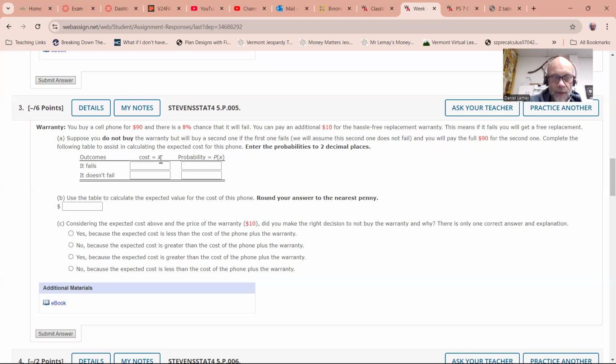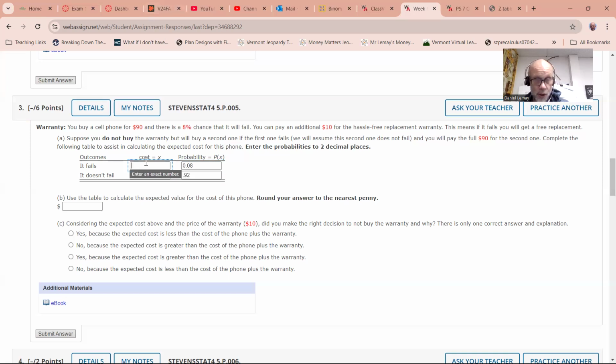So if it fails, let's just talk about this. If it doesn't fail, I only have to buy the phone once, and the probability that it won't fail is 92%, or 0.92, because it's only an 8% chance that it will fail. So I'm going to put 0.92 there. The probability that it will fail, and I'll have to buy a different phone, is 8%.